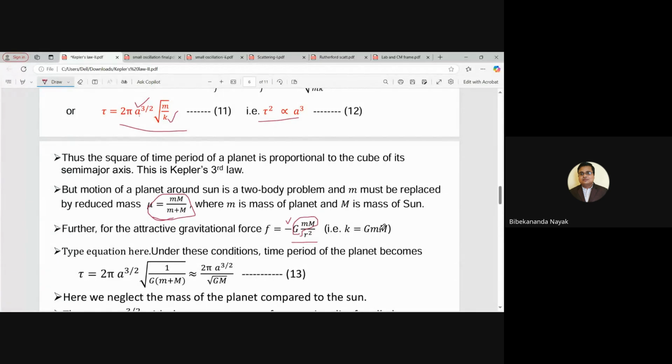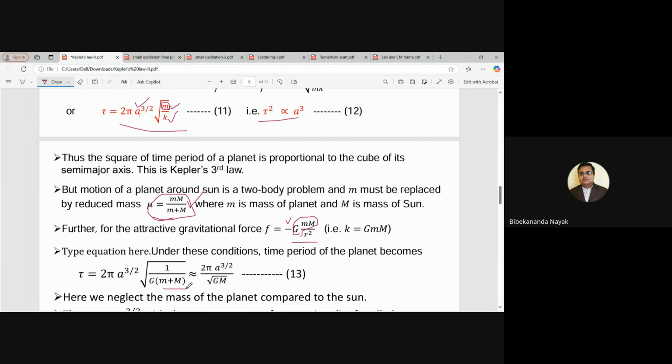But if you use the reduced mass, this m is actually the reduced mass. In place of the mass of the planet, if we consider the two-body problem, that m represents the reduced mass, mM by m plus M. So in the numerator you put mM by m plus M, and in the denominator you put GMm. So the masses cancel, and we find only 1 by G times m plus M.